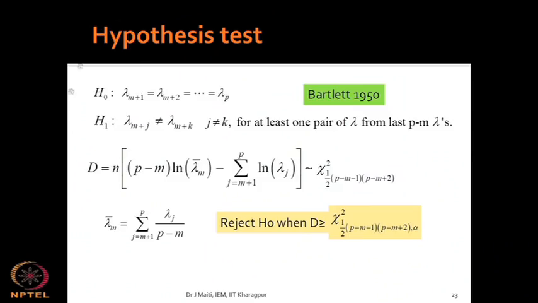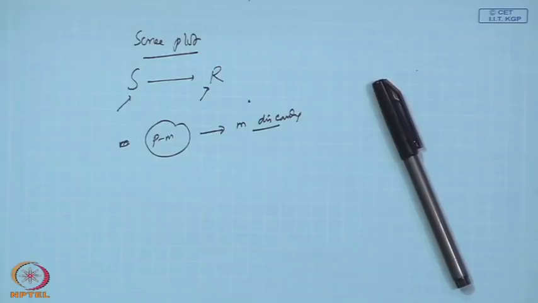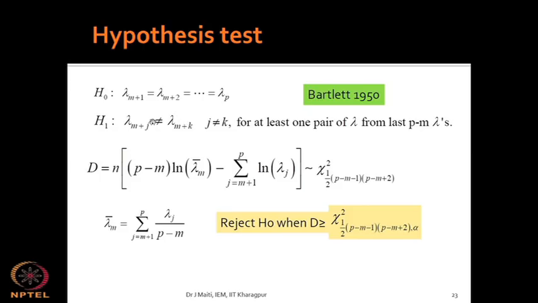In that case, our hypothesis is that lambda m plus 1 equals lambda m plus 2 equals up to lambda p, meaning the scree plot you make is horizontal. That is what you are trying to test. The alternative is that they are not equal for at least one pair.